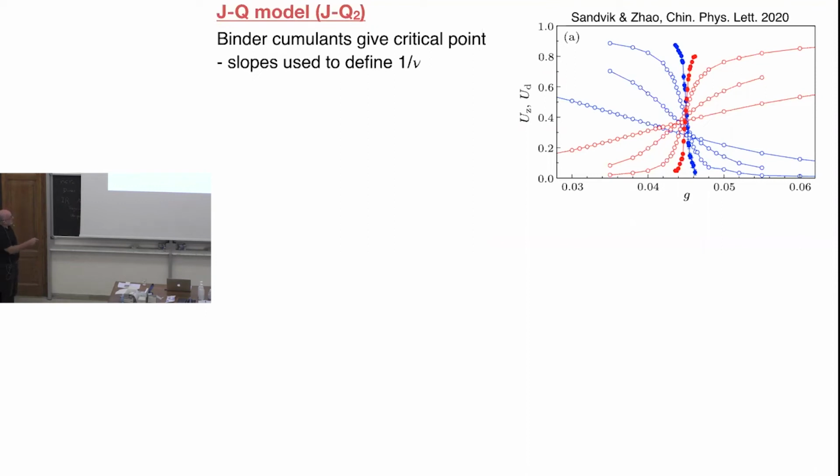You see one of them as a function of G. I should have said what that is. G is, in the JQ model, J divided by Q. So this is the VBS phase here, and this is the AFM phase here. And you see that we get these step functions of the two different cumulants, and we can look at the crossing points and the slopes and so on.